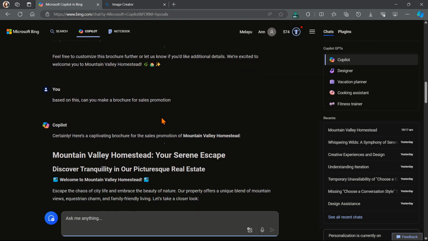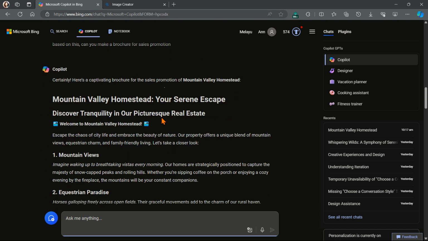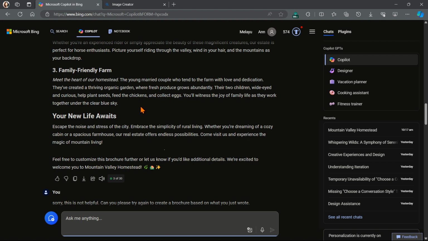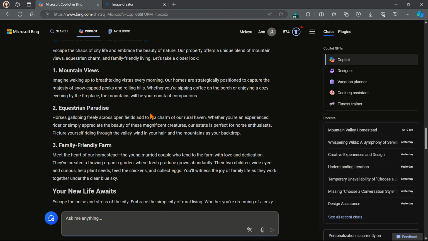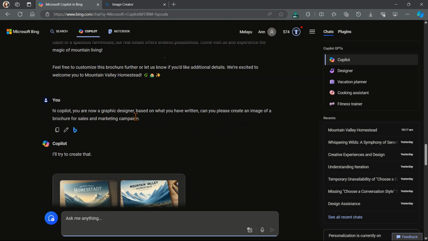I made a mistake again. As I say, I'm not an expert, I'm still learning. So again it returned prompts in text. After noticing my mistake, I reassigned Copilot a new role as a graphic designer.